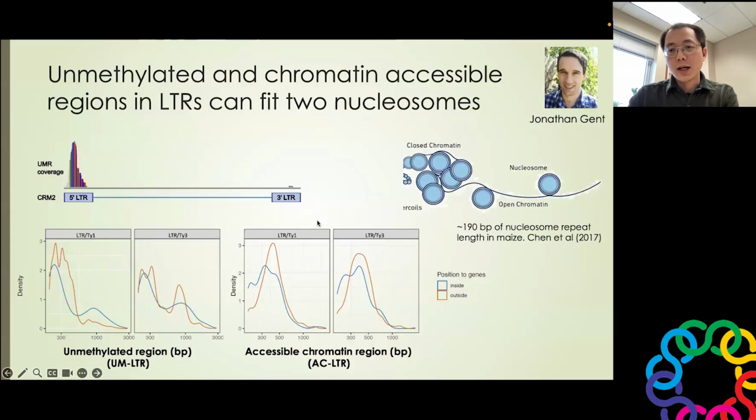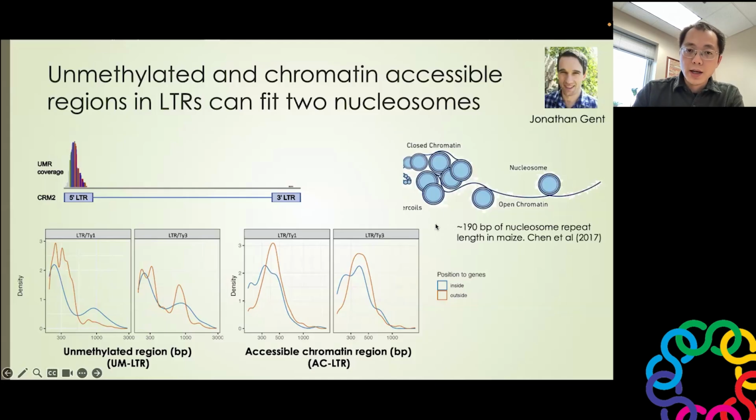We didn't have the power to check whether there is any nucleosome occupancy in these UMRs or ACRs, but they happen to be around 2 nucleosomes in length. So potentially they are releasing 2 nucleosomes to allow the chromatin to be accessible and unmethylated in LTRs.